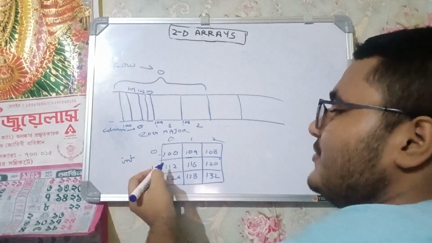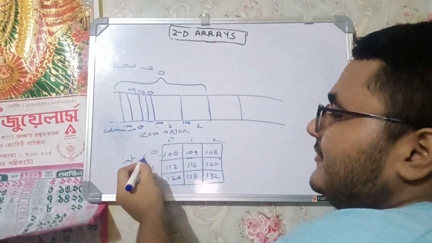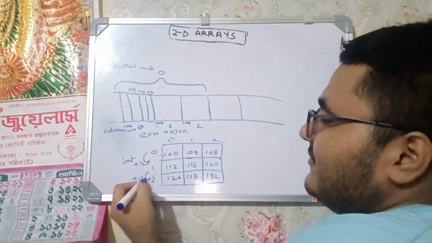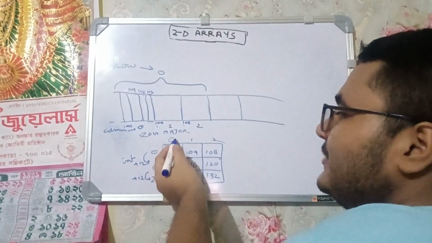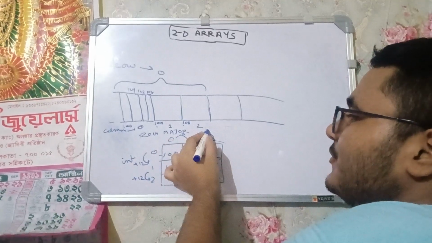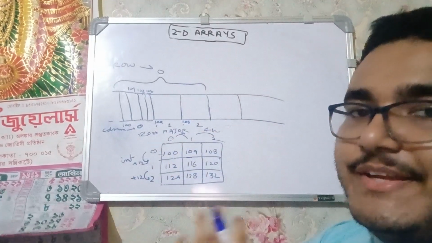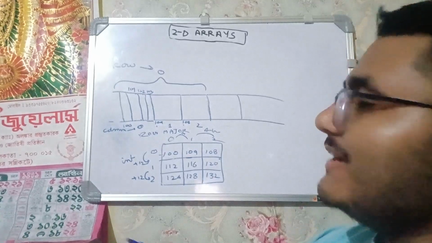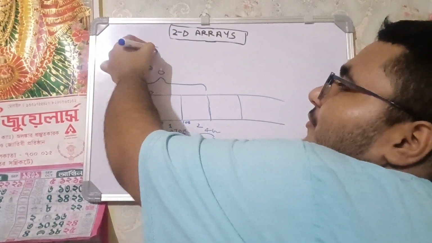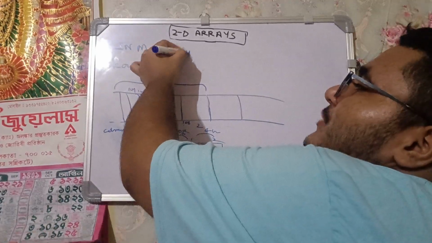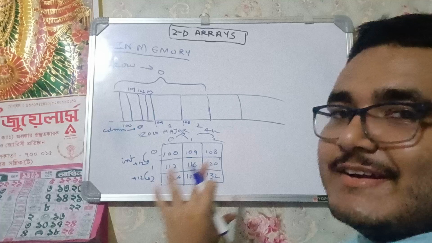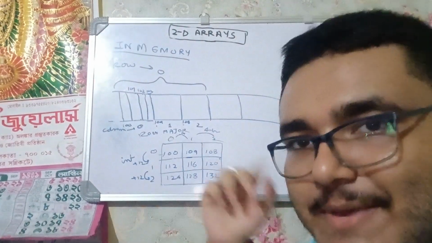Yes or no? So again, from this to this the gap is 12 bytes. This to this the gap is 12 bytes. And here to here it is 4 bytes. And here to here it is 4 bytes. So this is row major representation in the memory. Memory follows two ways to represent 2D arrays, because this matrix structure is actually our imagination.